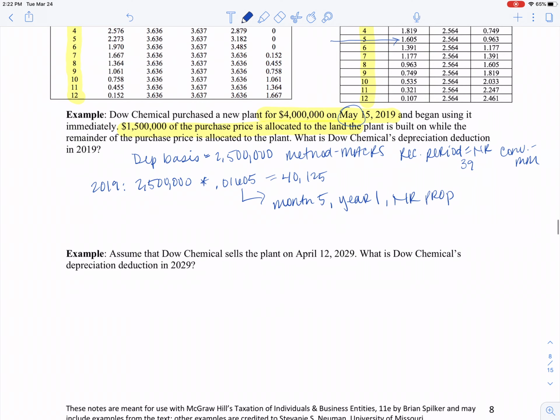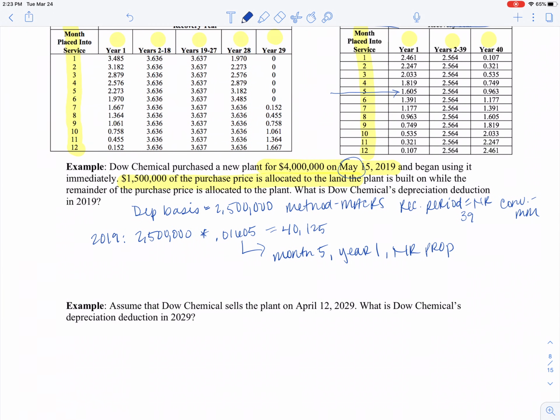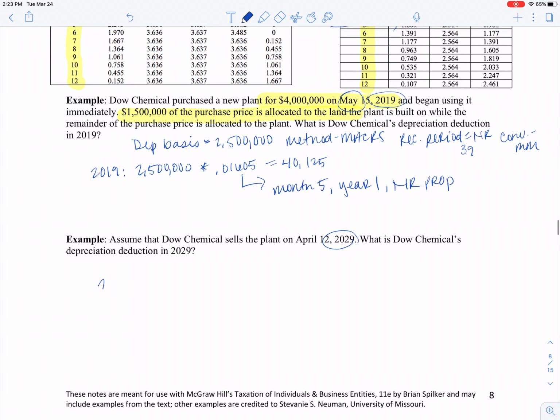All right, so assume that Dow Chemical sells the plant on April 12th, 2029. What is their depreciation deduction in 2029? So let's think about this for a second. We placed it into service in 2019. We're selling it in 2029. So we're in this column of years 2 through 39. So I'm going to say, okay, great, 2029, I take my depreciable basis of $2.5 million.